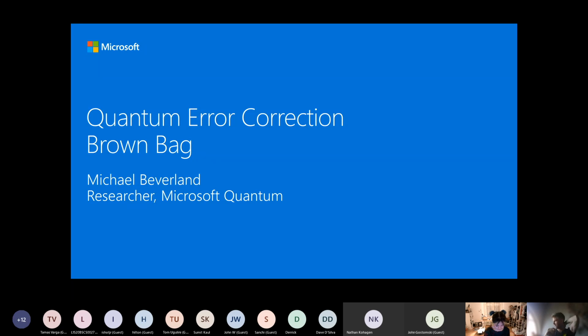So today I'm going to talk through the big picture of this field, how we think about things, some of the strategies that are used to protect information from noise, and to build out a large-scale quantum computer. And because this is the last in a series of different topics that Kitty has covered and other guest speakers, I'm going to assume a fair bit of knowledge, but I'll try to not assume any of the standard topics in quantum error correction.